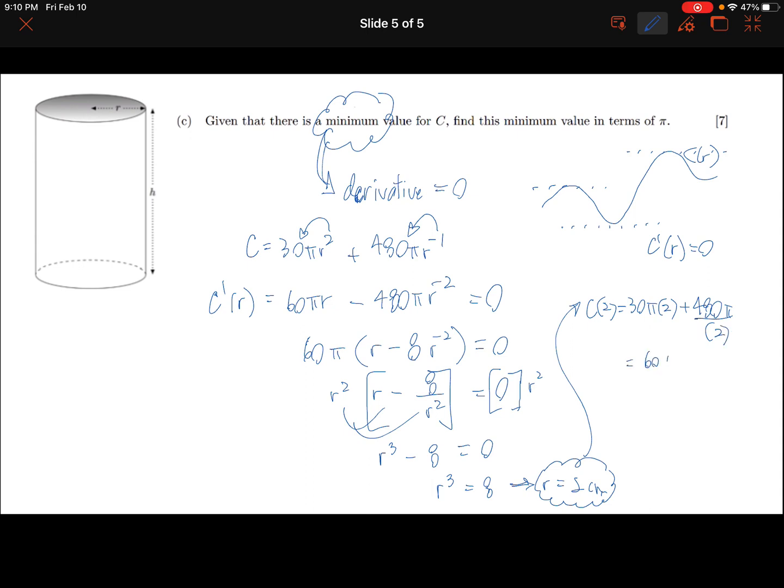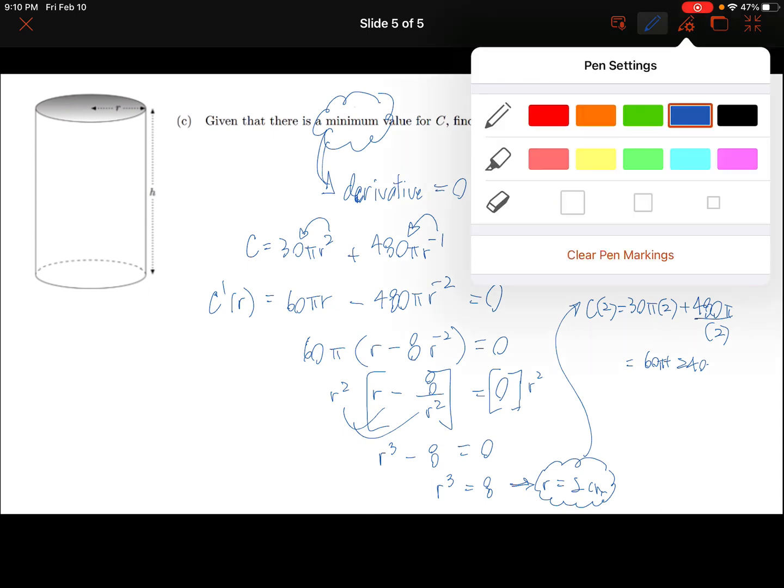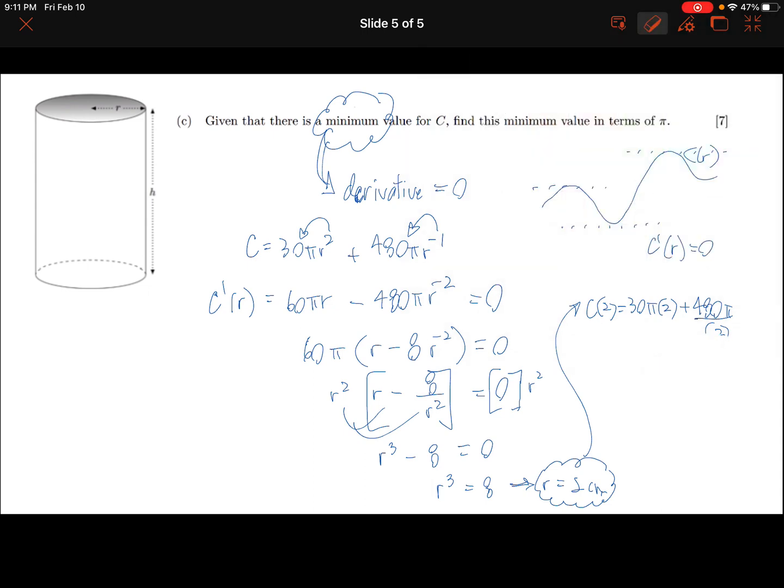So that's 60 pi, 2 goes into 480, 240, and each of those are pi terms. I omitted the pi. I have to make sure we're a little more careful than that. It's 60 pi plus 240 pi. So we're left with 300 pi, the cost that's minimized in cents.